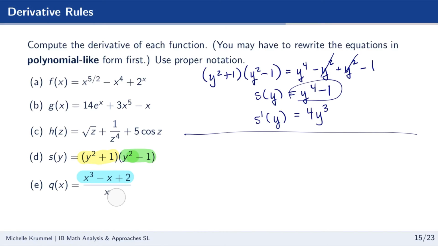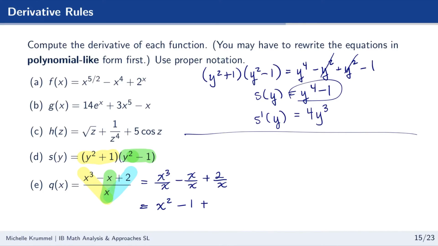What I prefer to do instead is to separate this into 3 fractions. We can have x cubed over x minus x over x plus 2 over x. So we separate that into 3 fractions, which is equal to x squared minus 1 plus 2 over x.